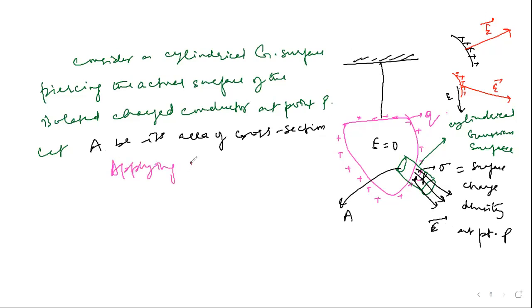Think about it. Applying Gauss's law, closed integral E dot dA is equal to Q inside by epsilon naught.